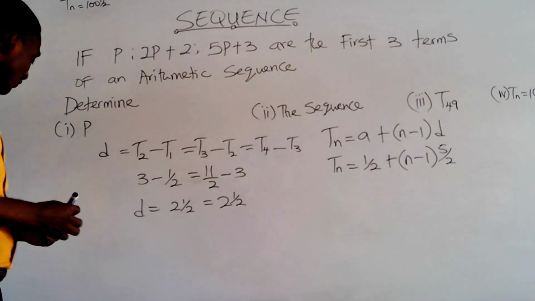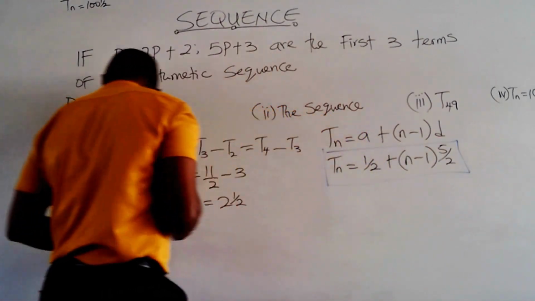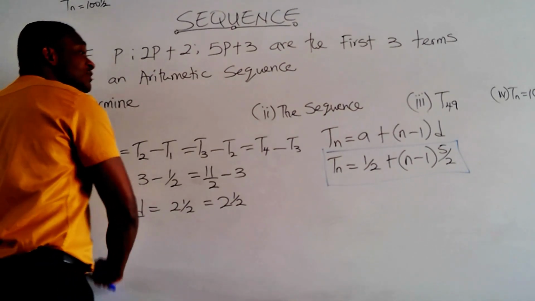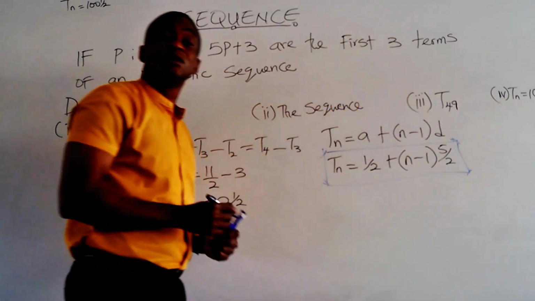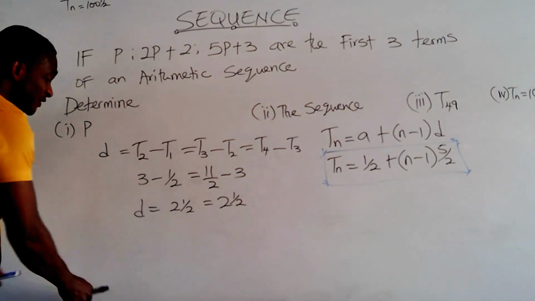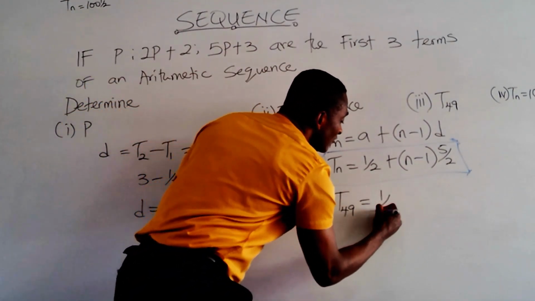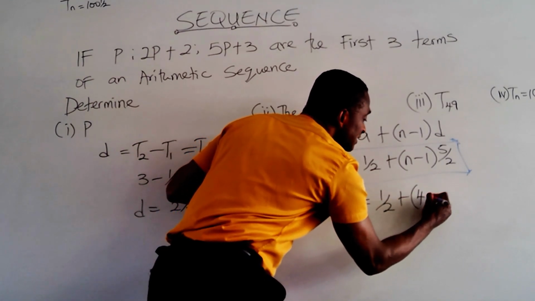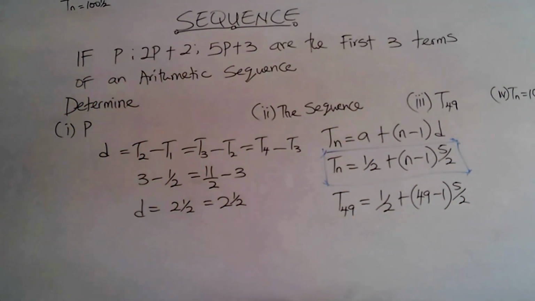Now, this is the general term that we can use to figure out any term in the sequence. It is very important that we understand that this general formula can even give us term 1 million of this. So what do we do? They are asking for term 49, so we plug in 49 for n. So we have half plus (49 minus 1) times 5 over 2, and that should give us our 49th term.